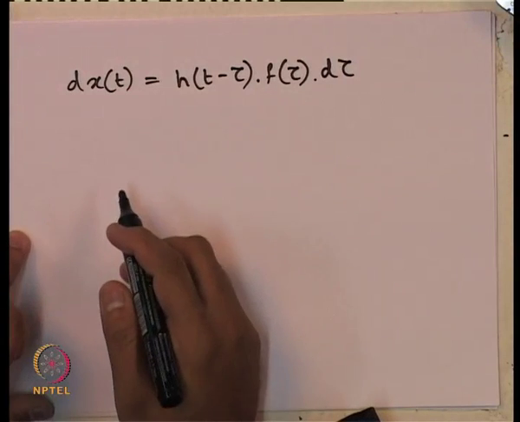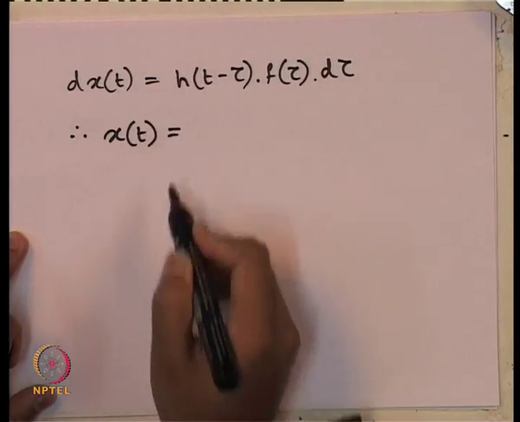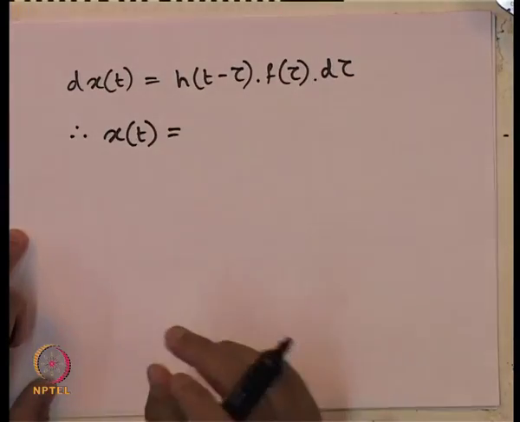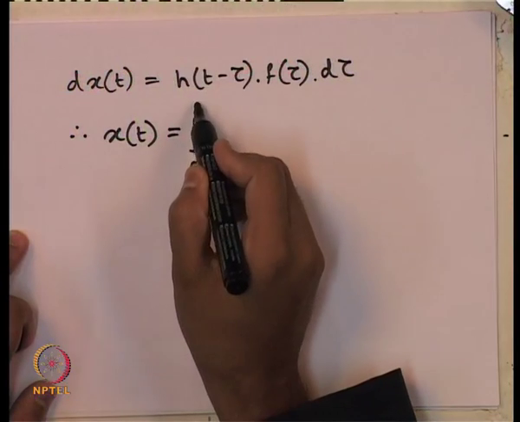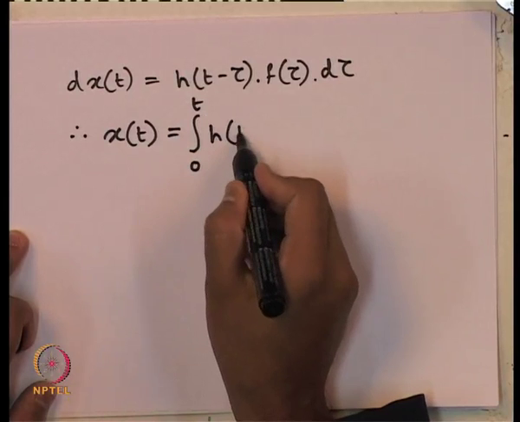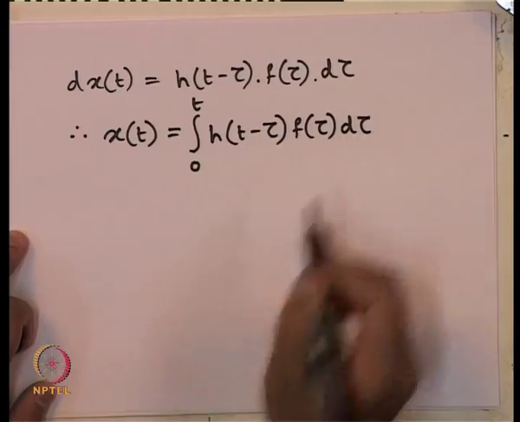Just we have rearranged it. Therefore, the complete response x of t for the entire system, which is subjected to that kind of several infinitesimally small impact loads over a time say t, what should be the total response? Nothing but the integration from 0 to t of h of t minus tau f tau d tau.